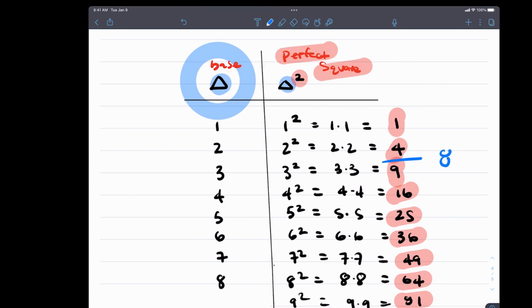8 would be between 4 and 9. Is that true? So we're going to be systematic. We're going to be smart about this. Always check the perfect squares that are prior. You see this right here? 4 is a perfect square. Does it divide 8 with a 0 remainder?